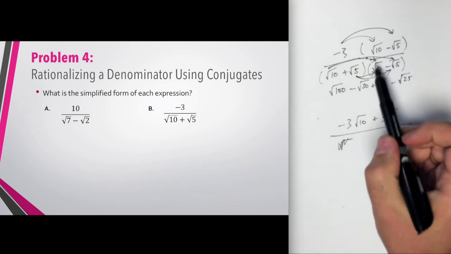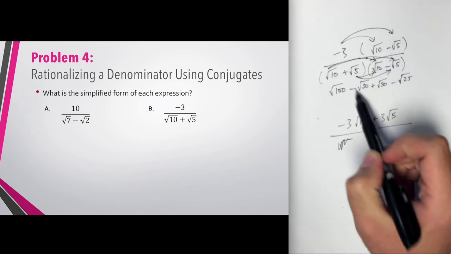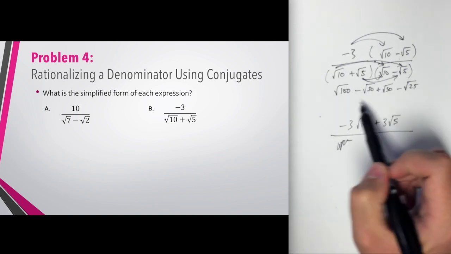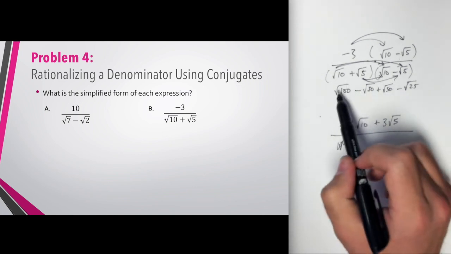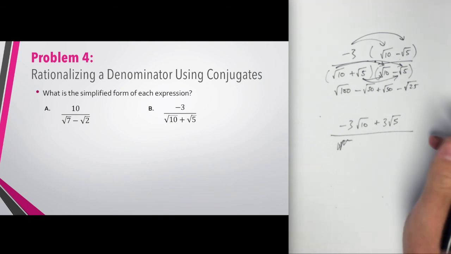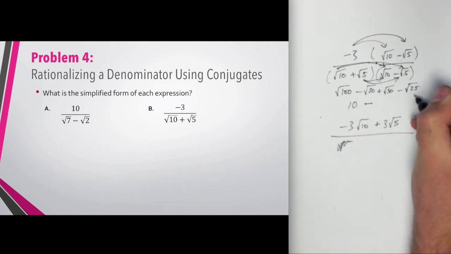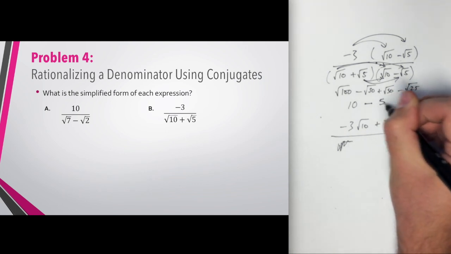Now the key here too to remember is these two middle values will always end up canceling out. That's how this works. They will always cancel out and you'll be left with what was on the front and on the end. So the square root of 100 is 10 minus the square root of 25, which is 5.